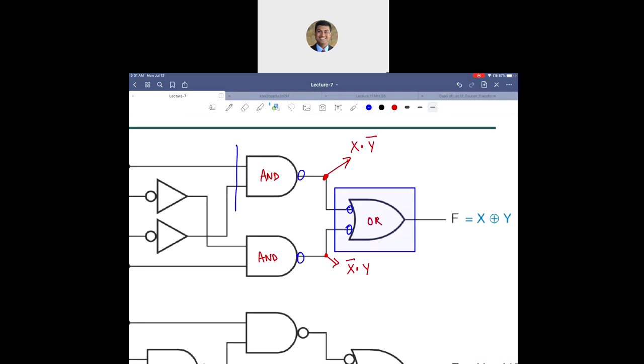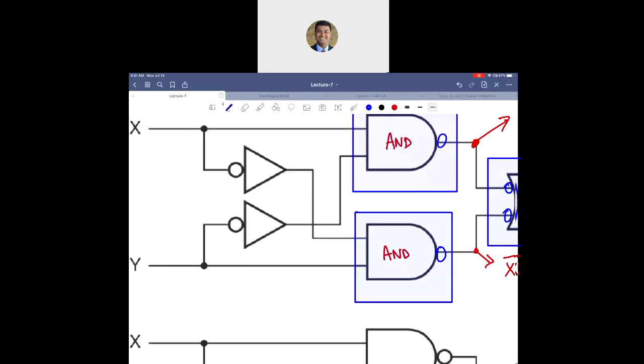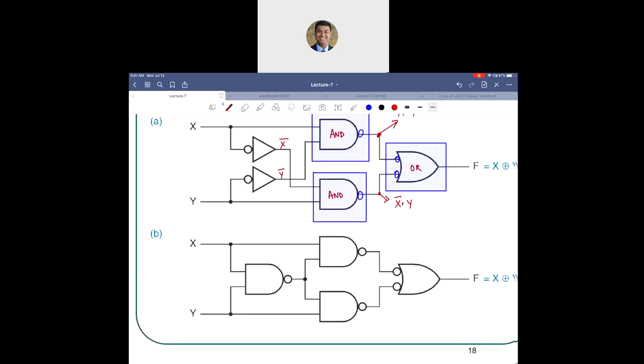This guy also became a two input NAND gate. This guy also became a two input NAND gate. And because I have an inversion operation here, you can see this is x complement here, this is y complement there. So I can combine these two inversion operations just by using this guy, another two input NAND gate.